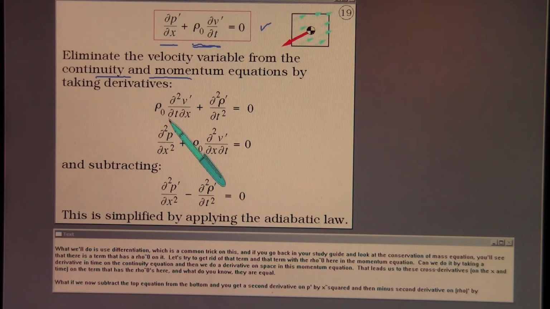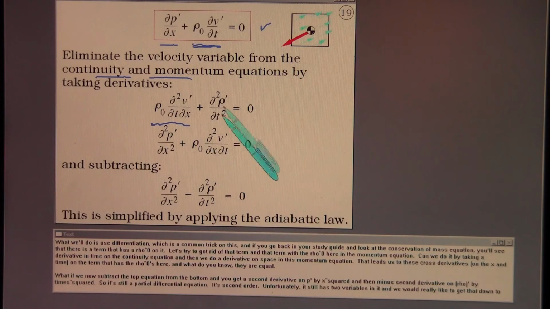And we do it by taking a derivative in time on the continuity equation, and then we do a derivative on space in this momentum equation. That leads us to these cross derivatives on the x and time on the term that has the rho 0, and what do you know?